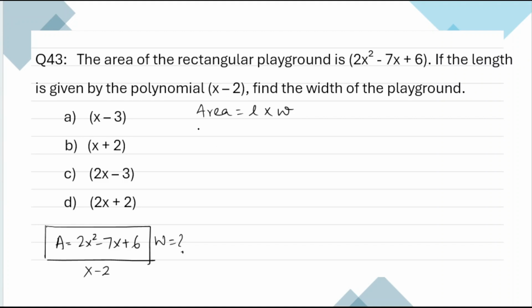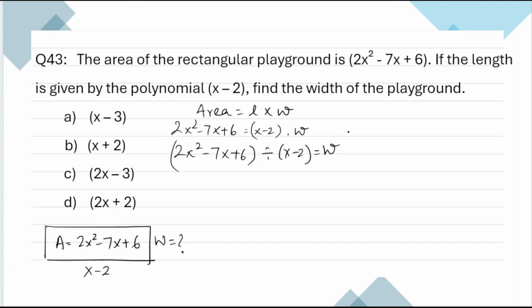So if area is given, which is 2x square minus 7x plus 6, and length is given as x minus 2, how will you find the width? Will we multiply? No, we will divide. So for finding the width, we will be dividing the area with the length given, x minus 2.